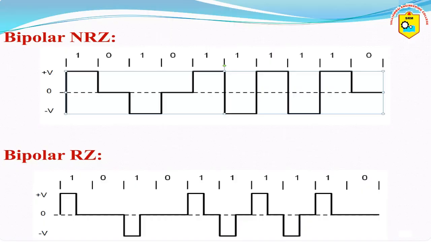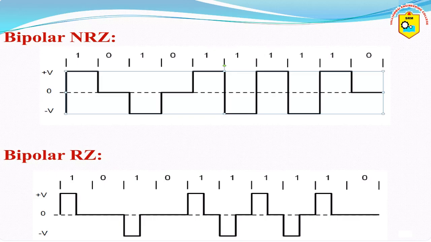So obviously the bipolar type also has two variations, that is NRZ and RZ, non-return to 0 and return to 0. As you can see, when a bit of 1 is transmitted, we have a pulse of positive amplitude, that is plus V, and for 0 you have no pulse transmission, that is, on the 0 line.